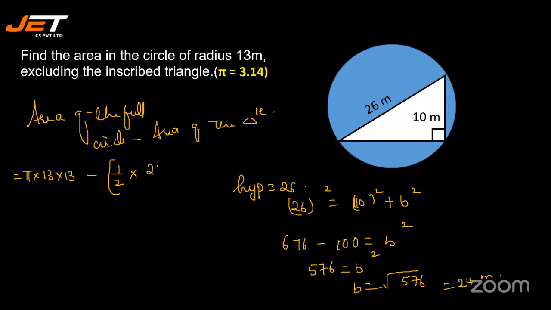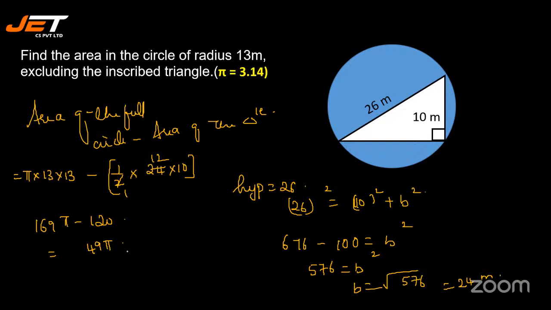Right? So we have base as 24, height as 10. So 169 pi minus 120, which is 49 pi.